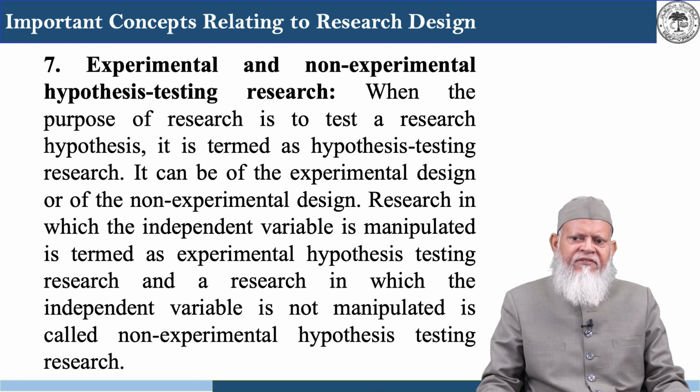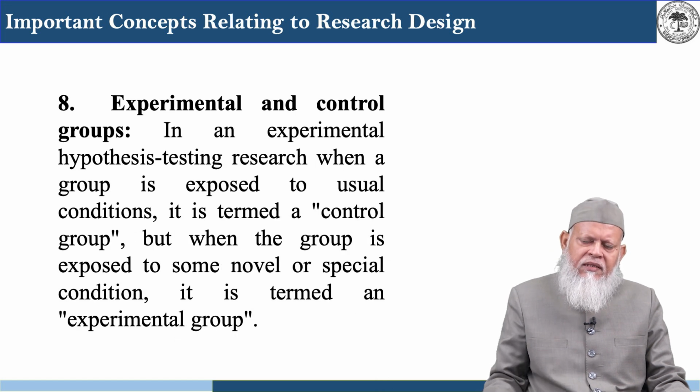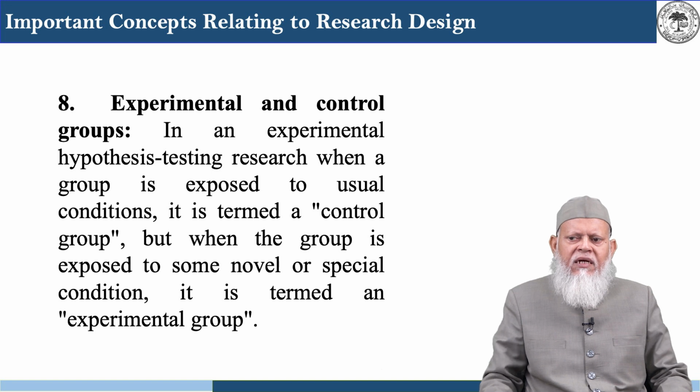So, if it is a hypothesis testing research, then it is an experimental research, whereas where there is no hypothesis testing, and in many of the researches even the hypothesis is an outcome of the research, those studies are called non-experimental hypothesis testing research. Then the next is the experimental and control groups.